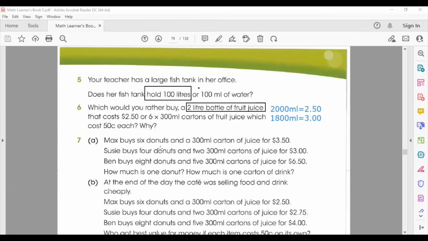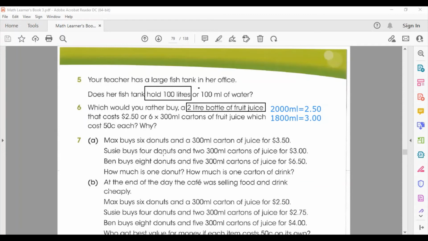Max buys 6 donuts and a 300 milliliter carton of juice for $3.50. So 6 plus 1, 7 items. Each item costs 50 cents. Okay, Susie buys 4 donuts and 2 300 milliliter cartons for $3.